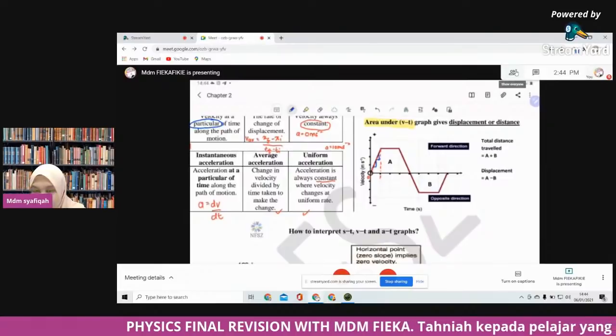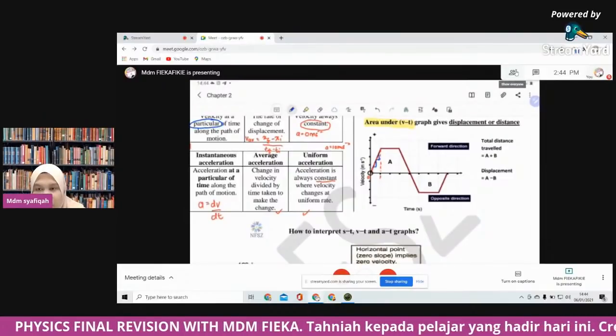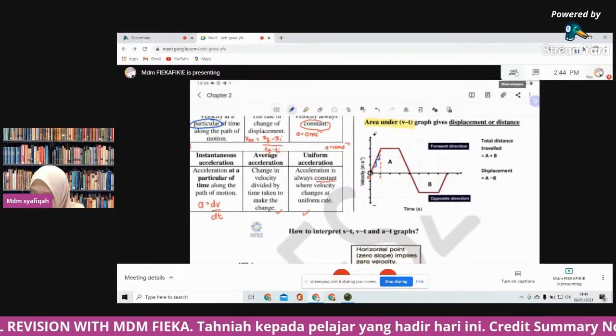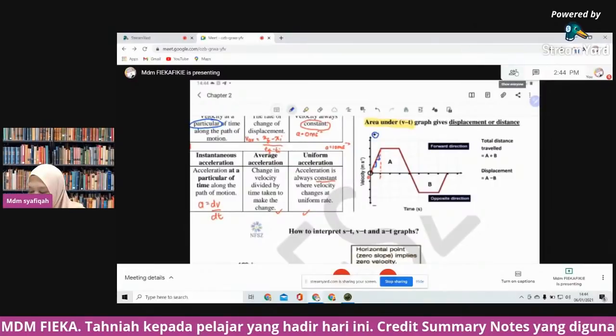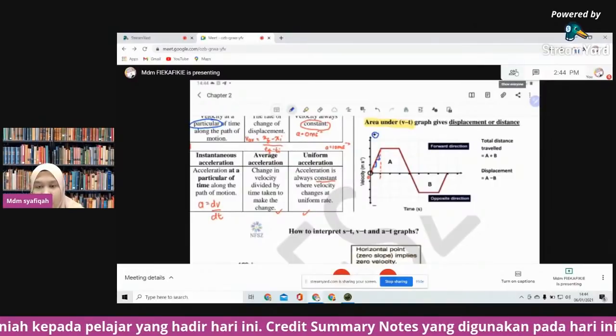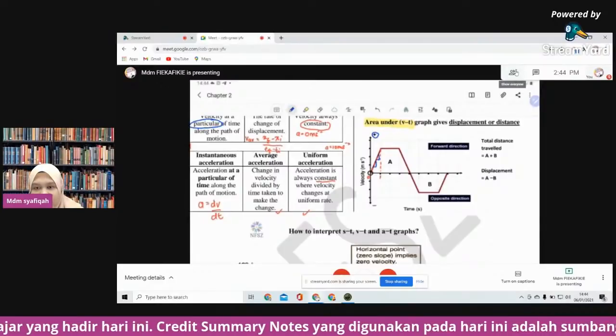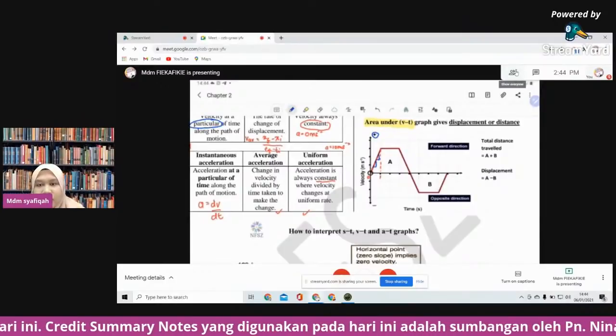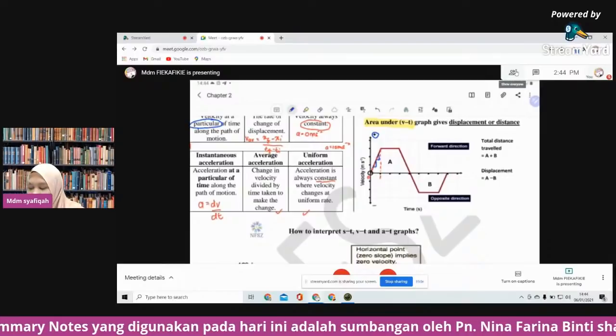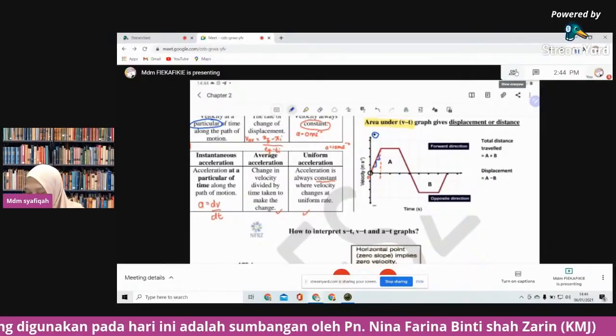So the velocity is increasing in positive direction. See here? This is positive. So in positive direction, it means the car is moving. In 1 second, it is moving in positive direction, which is to the right, for example. And the velocity is increasing.